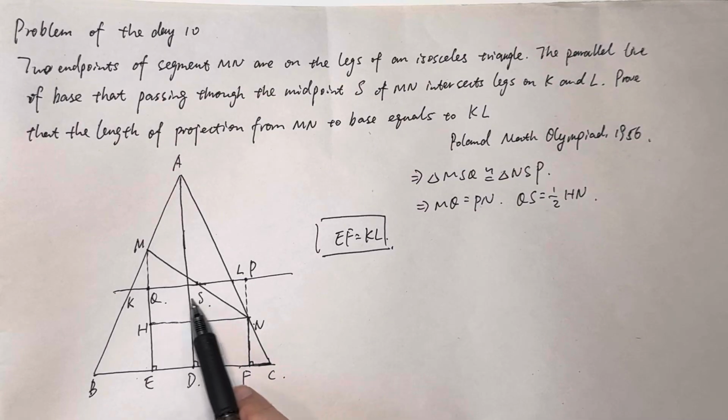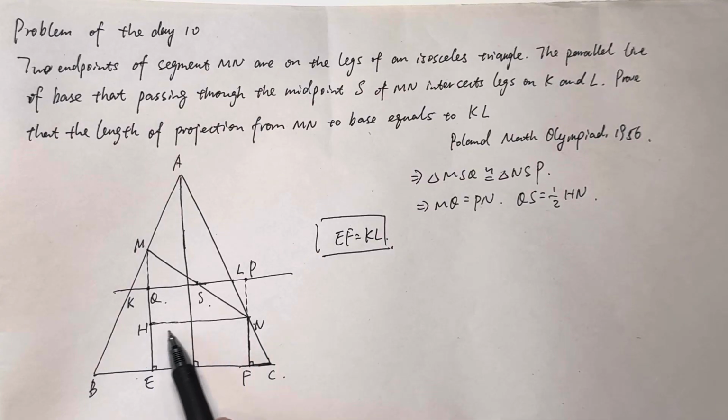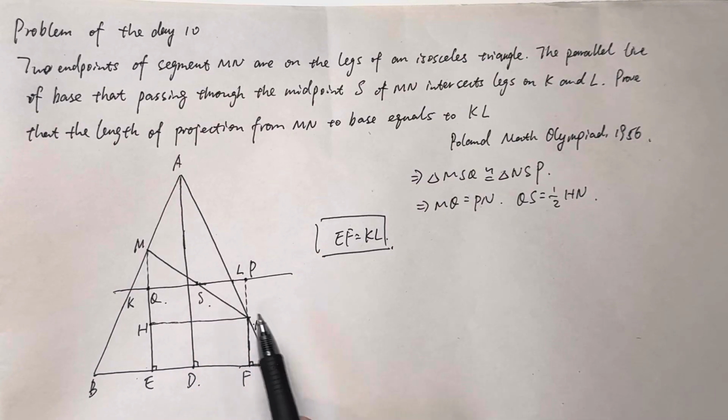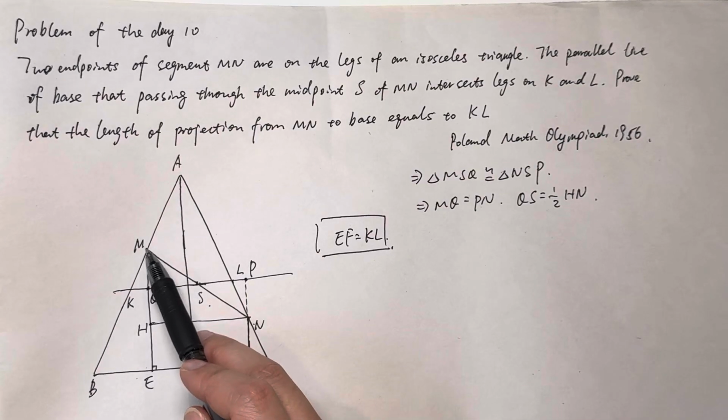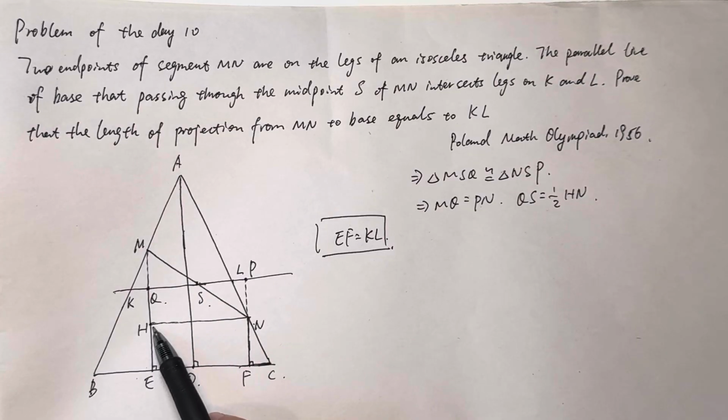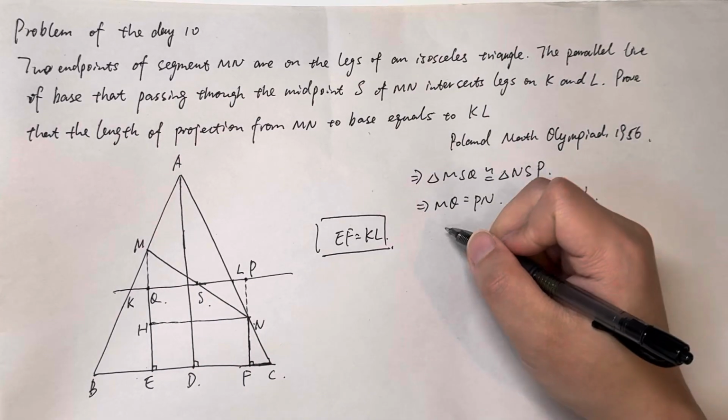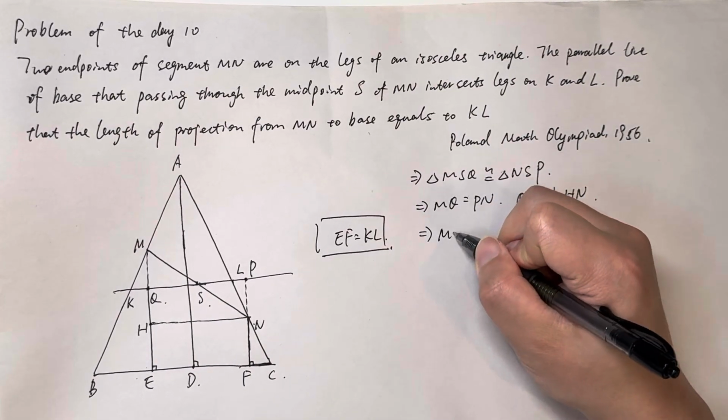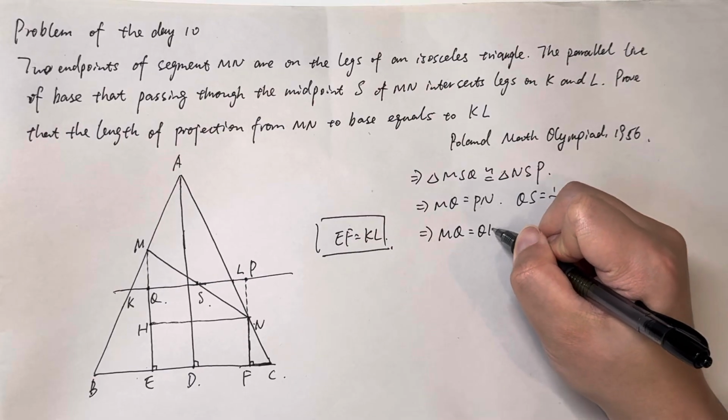And we know QS is parallel with BC, so it is also parallel with HN. That means Q is the midpoint of MH, which means MQ equals QH.